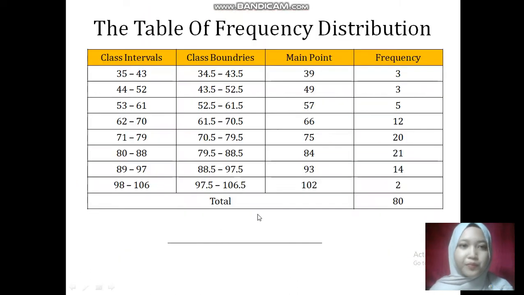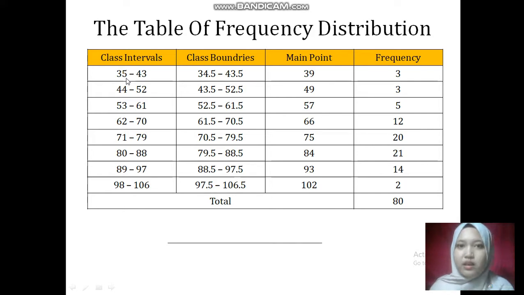Alright, so right here is the table of frequency distribution. The first column is class intervals. This actually starts from the smallest data value.